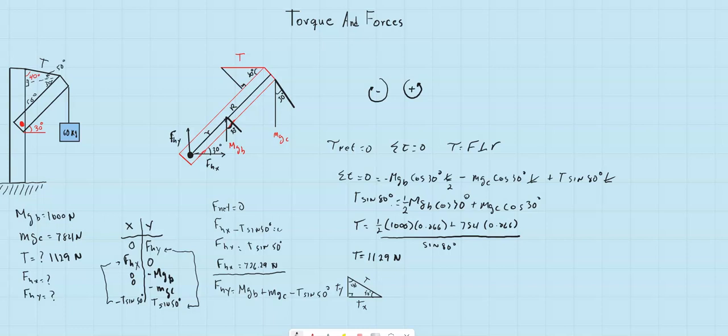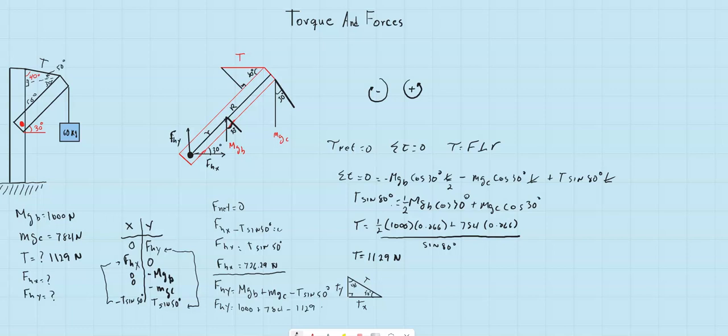So now what we get is that our FH of y is equal to 1000 newtons plus 784 newtons minus T, and we know that our T right here is 1129. I'm not writing the newtons, none of that, so I can have time to finish the video.